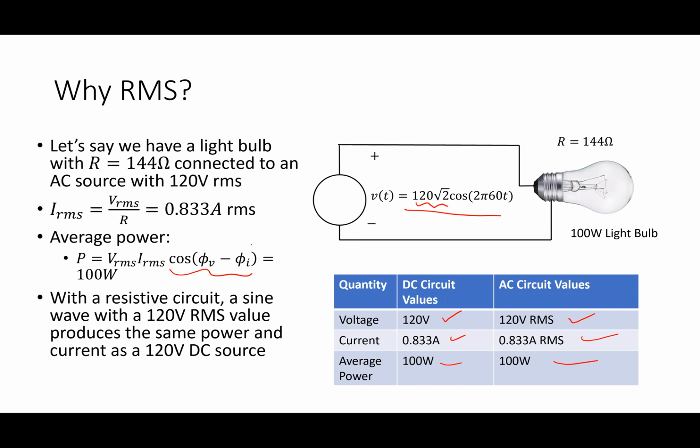Effectively engineers like it because it simplifies the math, gets that over 2 out of the way, and makes everything seem like it's just like DC circuits again. So that's why we do it, and unless stated otherwise, things will be in terms of RMS. Most of your problems are going to be in RMS.